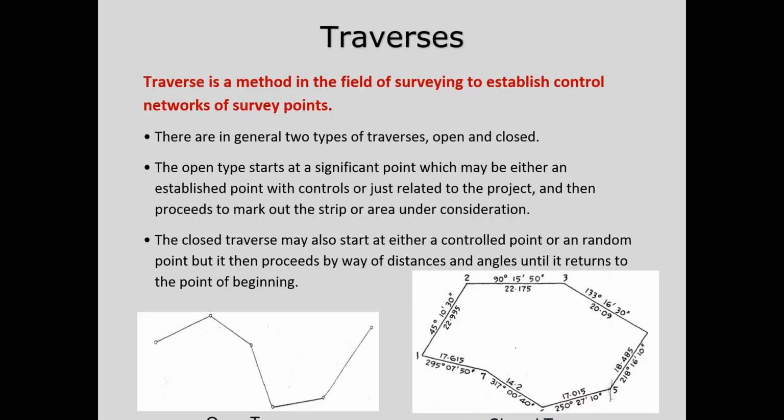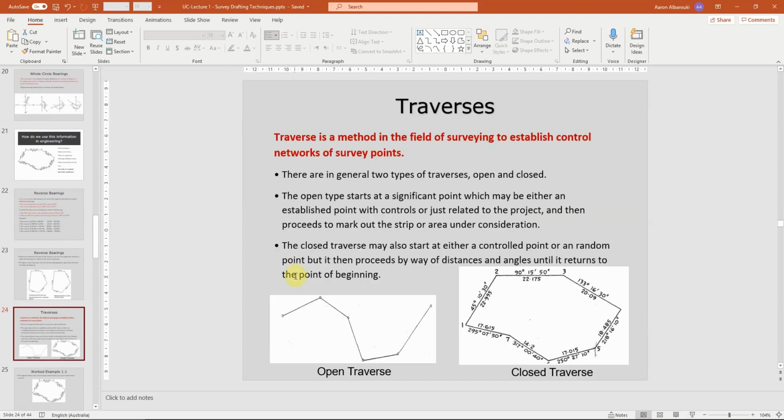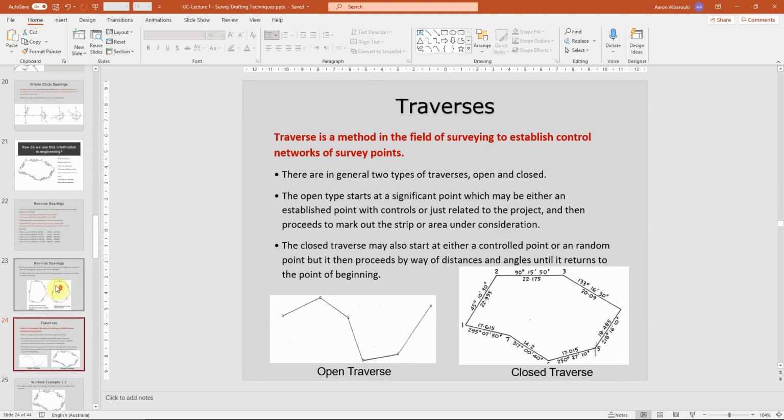Reverse bearing, I'll talk about it just to show you. This is, for example, a center line for a road. We call it an open traverse. We have 2 types of traverses: closed traverses and open traverses. This is an open traverse, and that's a closed traverse, like the boundaries. It could represent a road, or the center line of a pipe, any of these linear components.